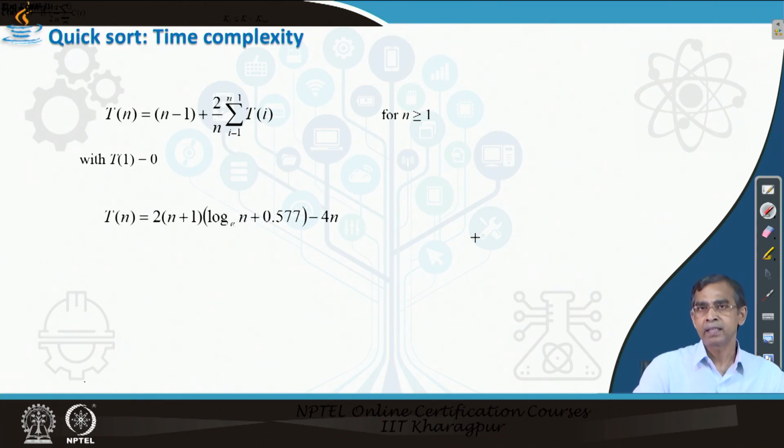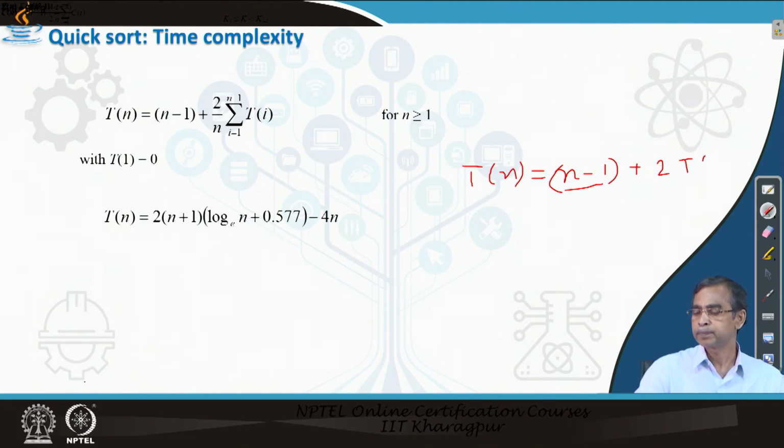For the partition of n elements, it requires around n time, basically n minus 1 comparisons are required for the partitioning, that is, to place the pivot into its final position, plus the next part is the two lists.